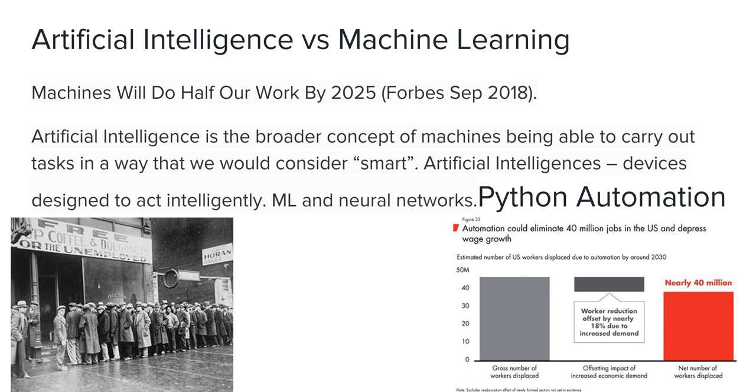So 40 million jobs are estimated to go out by 2030, and all these jobs would be going to, you guessed it right, the machine learning guys, the artificial intelligence guys, the data science guys, the big data teams, because data is going to become so important.